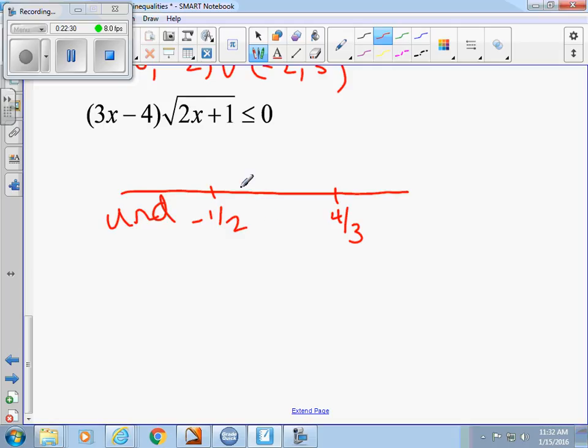Plug in 0, I would get a negative times a positive, which is negative. Plug in 7, and you would get a positive times a positive, which is positive. I want less than or equal to 0, so we are going to be from -1/2 to 4/3. Neither of those were undefined points, were they? No. So I put both of those in as brackets.